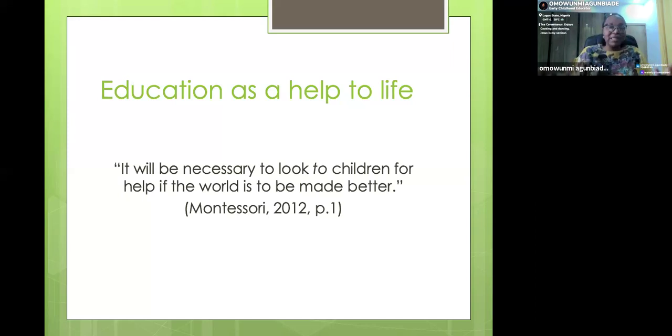So it's not static. It will change as we keep going. So that's what this quote is saying to us, that for us to have a better world, we need to look to the children for help, knowing that inside of that child, there is so much potential.